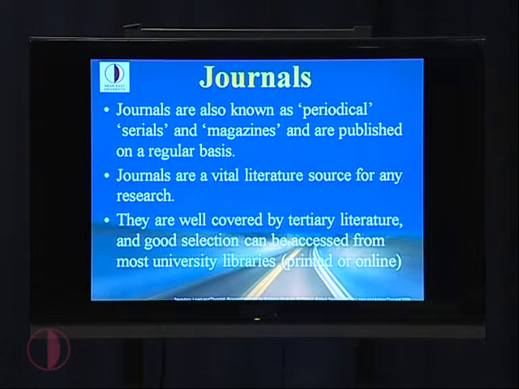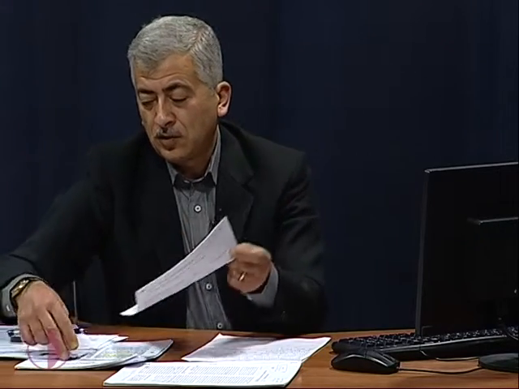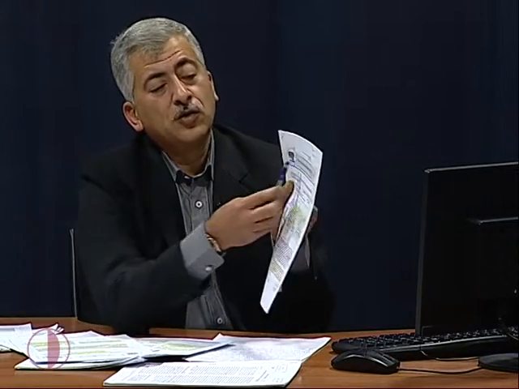Journals, periodicals, serials, and magazines are published on a regular basis. They are a vital literature source for any research. Let's see, for example, Journal of Business Research, Journal of Operations Management, or Human Resource Management Review, Elsevier, Web of Science, ScienceDirect.